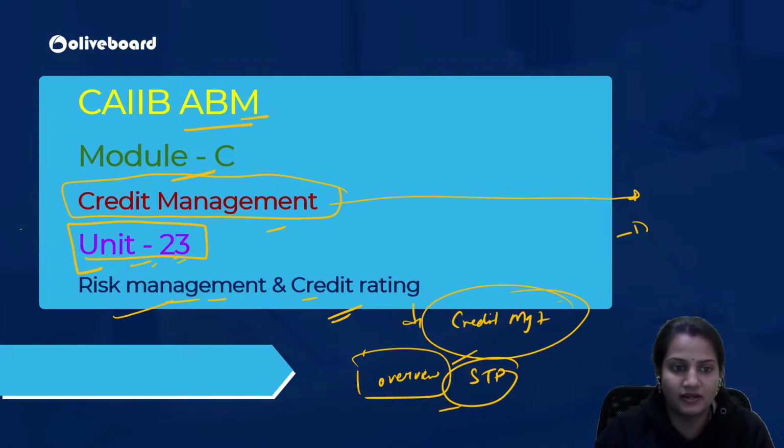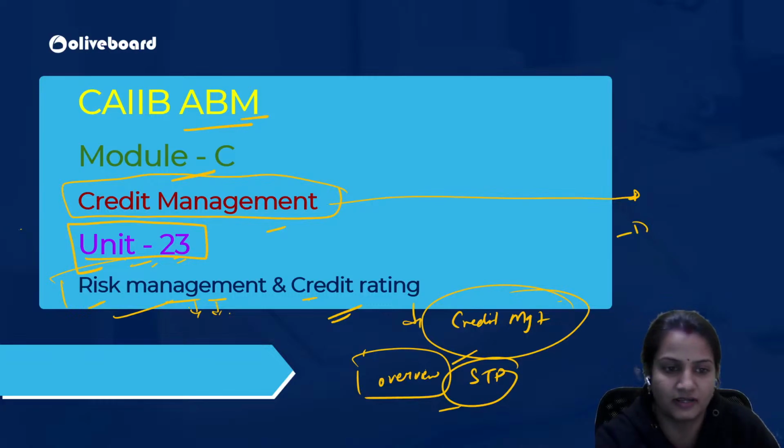He will have a fear in the mind whether the money the borrower has taken will be repaid back or not. So risk arises everywhere. There is a need of proper management of risk to identify the risk, so that once a risk has been identified, we will take important steps to minimize it.